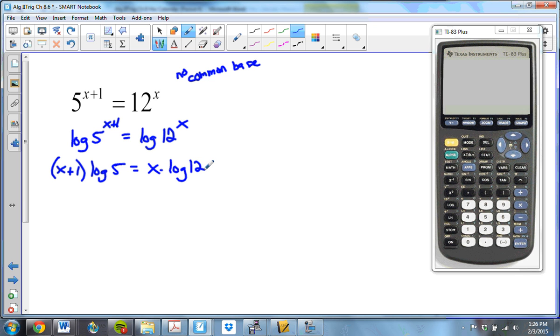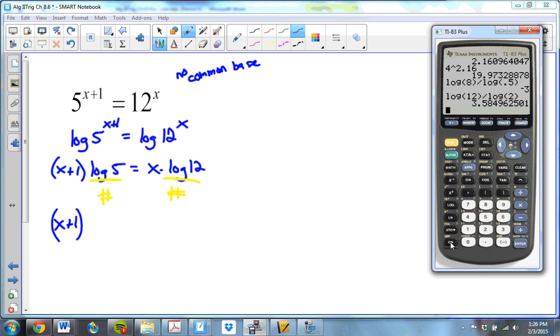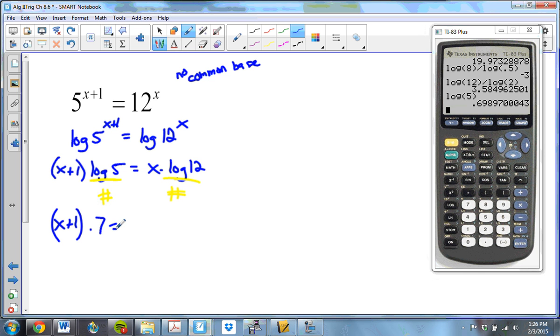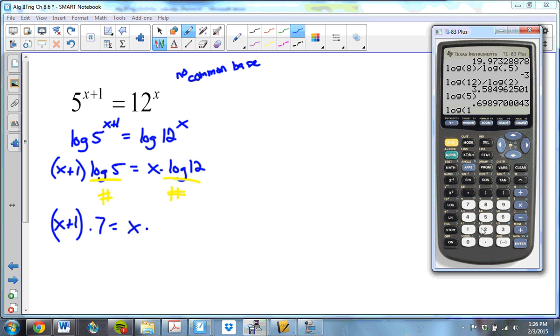Now, the way that I best like to do these, there's lots of ways, is I just think of this and this as some number. I don't know what the number is, but it represents some number, so I'm going to find that number. I really get x plus 1 times the log of 5, which is 0.7 basically, equals x times the log of 12, which is 1.08.